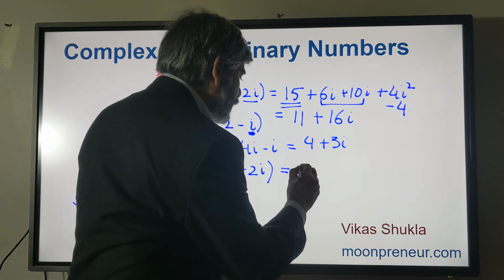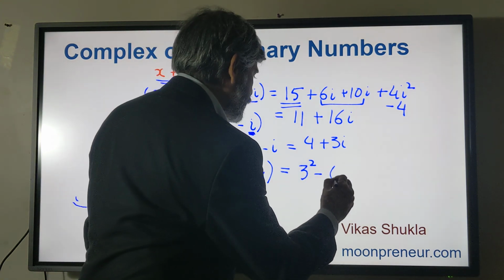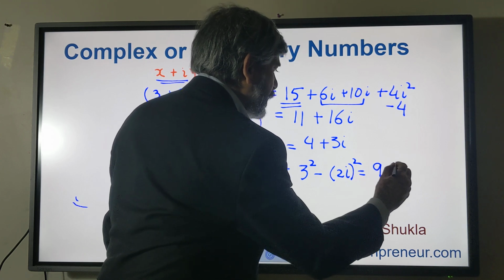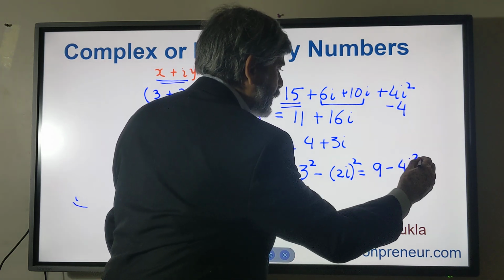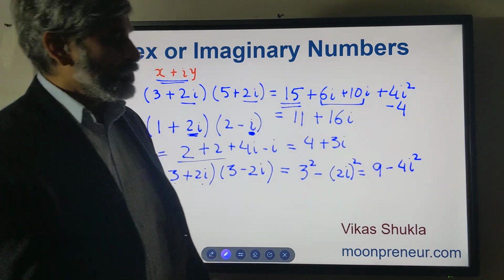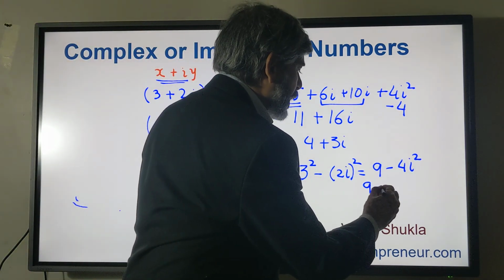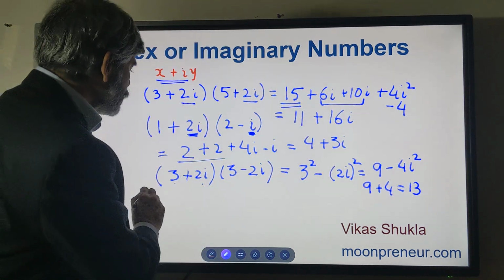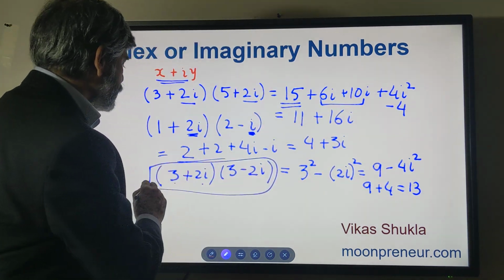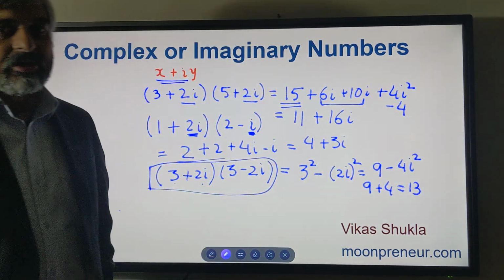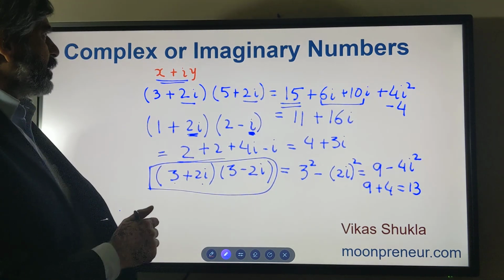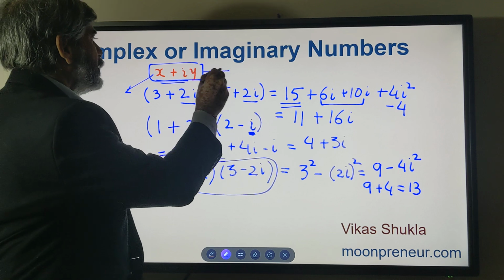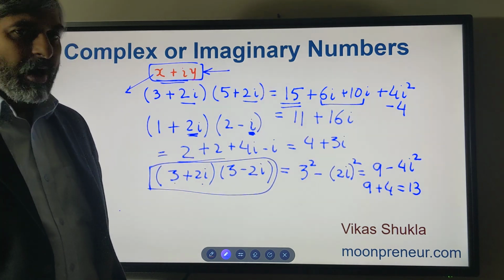It's 3 squared, which is 9, minus 2i whole squared, which is 9 minus 4i squared. i squared is minus 1, so this becomes 9 plus 4, that is 13. So in such special scenarios, this simplifies to just a single real number. A number like this generally has two parts: this is the real part and this is the imaginary part.